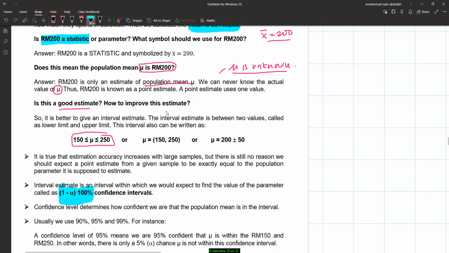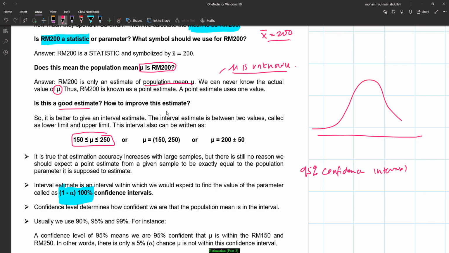So let's say I want to find a 95% confidence interval. It means we want to find the value of the estimation, let's say, in a normal distribution curve. 95% of the estimation would lie under our estimate, so this is the 95%. The other 5% is called error, meaning incorrect estimate.